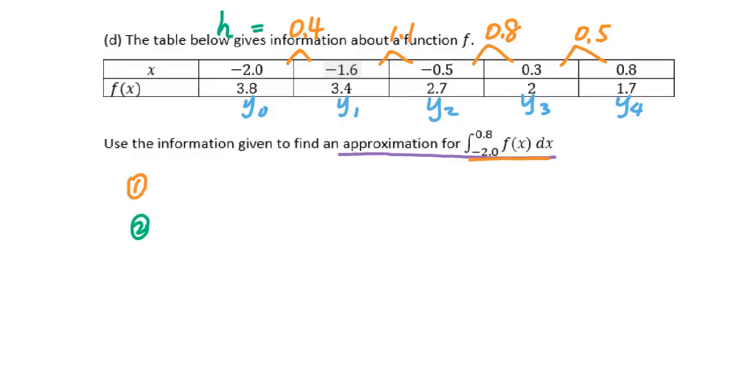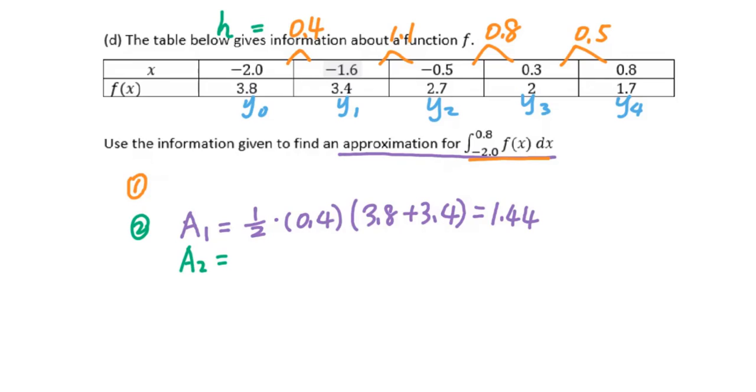You just need to figure out each trapezoid separately. So for area 1, it equals 1/2, height is 0.4, then y0 plus y1, 3.8 plus 3.4. Then work this out. For A2, you will get 1/2 times 1.1, then 3.4 plus 2.7.